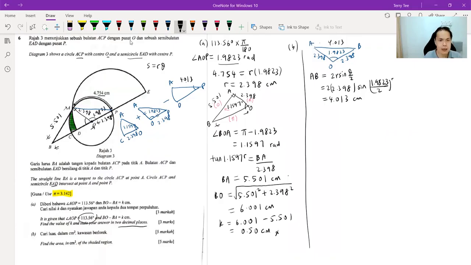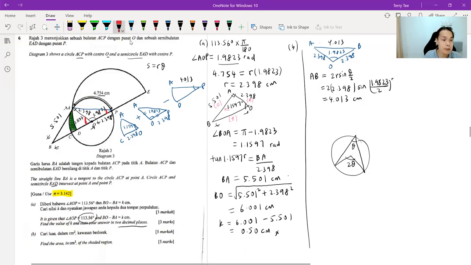Another thing I hope you remember, in Form 3, you learn that the angle subtended at the center is always double the angle subtended at the circumference. Now, the angle subtended at the center, really heavy here, is 1.1597, right? Can you see? Is this angle here? The angle subtended at the circumference is over here, which is ABD, or APQ, or APO.